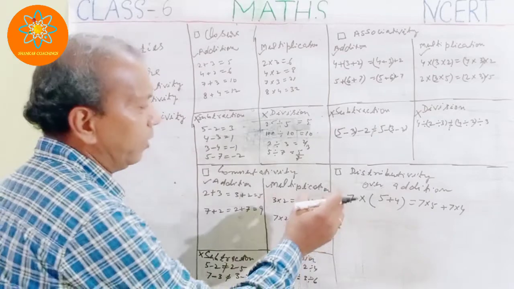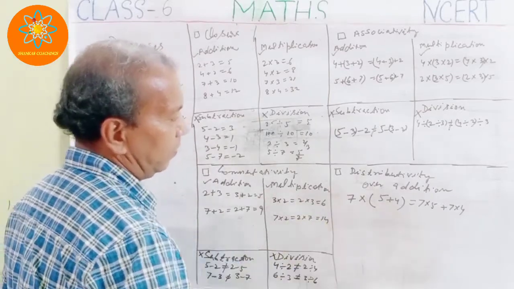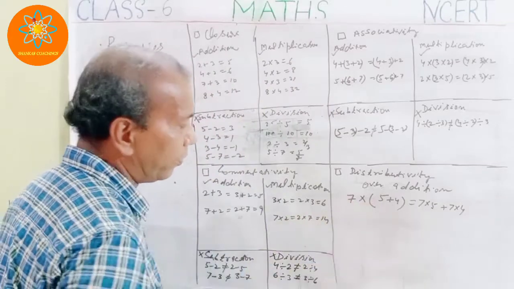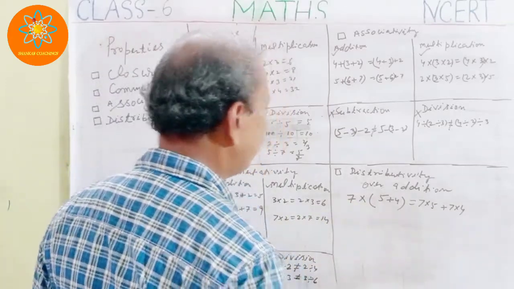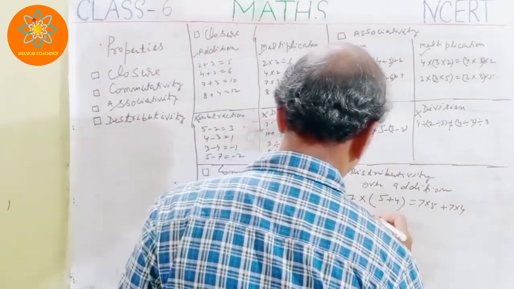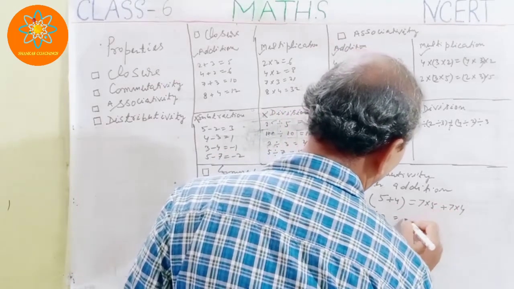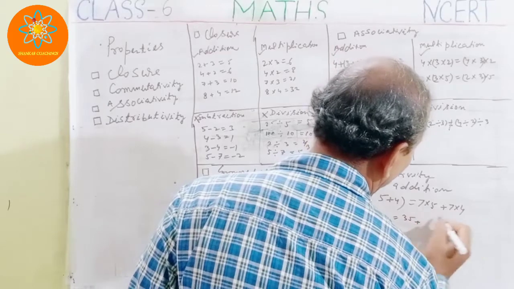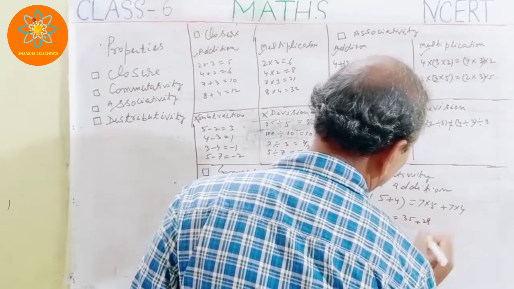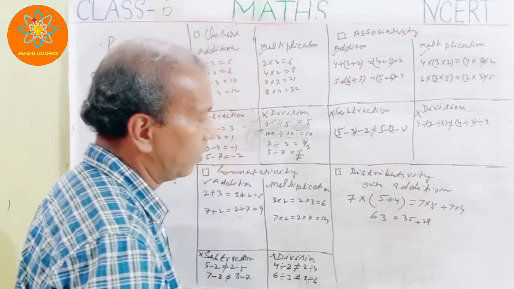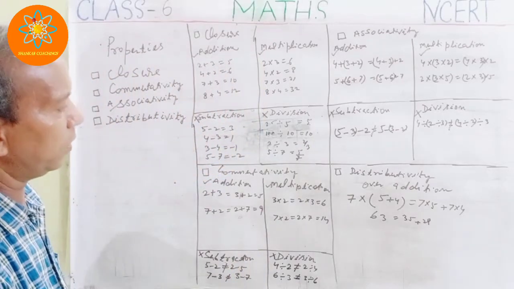After distributing this addition, on the left hand side, how much do you get? 5 plus 4, 9. 9 times 7 is 63. And here also, 7 into 5, 35 plus 28. So 63 is equal to this 63. So this is the distributive property over addition.